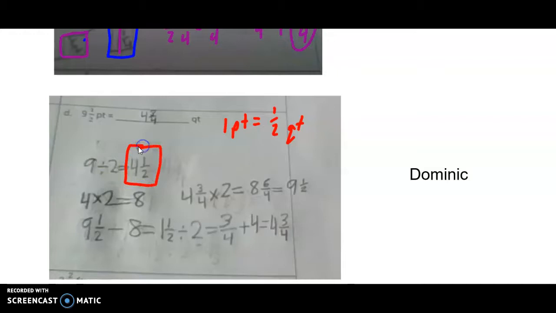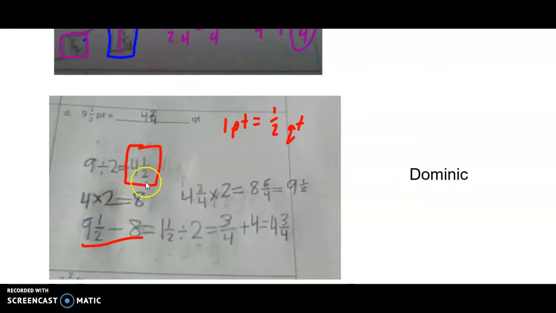Now, what we need to do at that point is see what is left over that you have to take and cut in half. So he subtracted the 9.5, the original, minus the 8. And you're thinking, well, where did he get this 8? He got this 8 going 4 times 2.